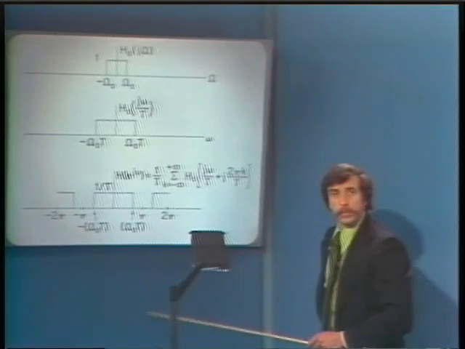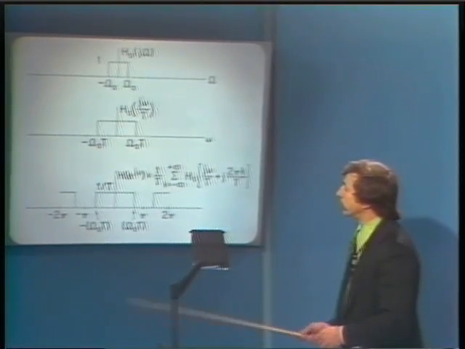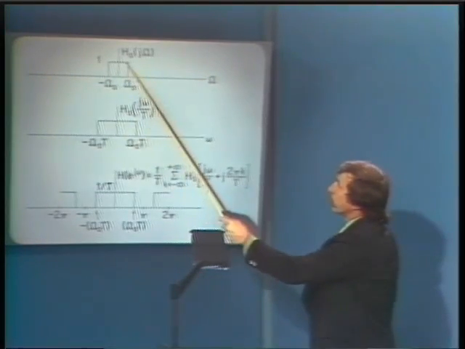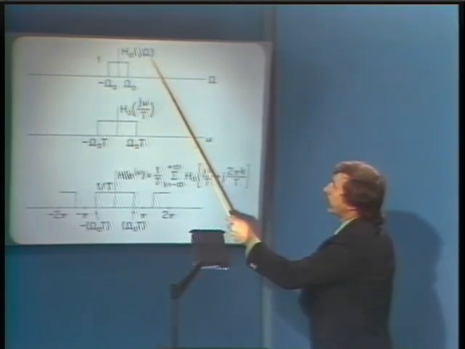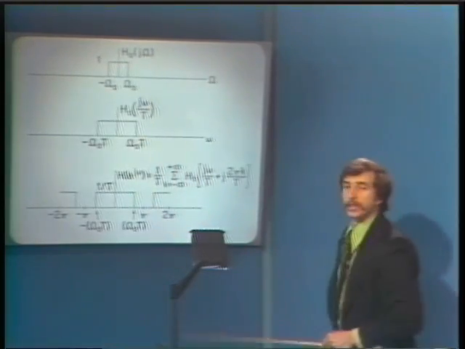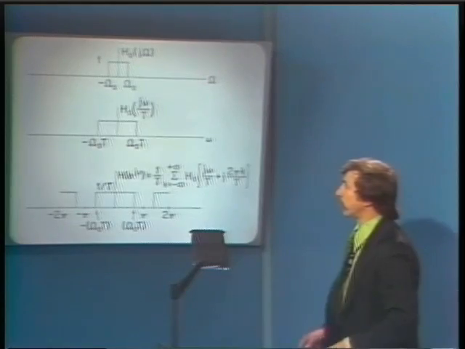Now, there are some problems, one in particular, and this is the major problem. As I've drawn this example, we've considered an analog filter whose frequency response is strictly band limited, and so of course there is no aliasing that results.